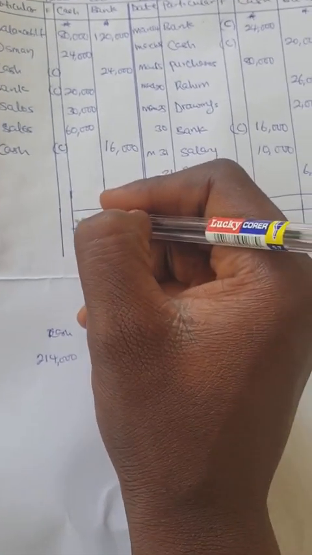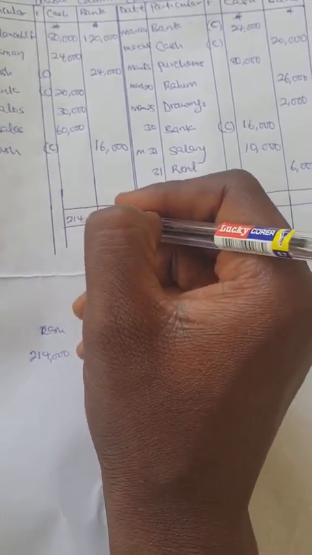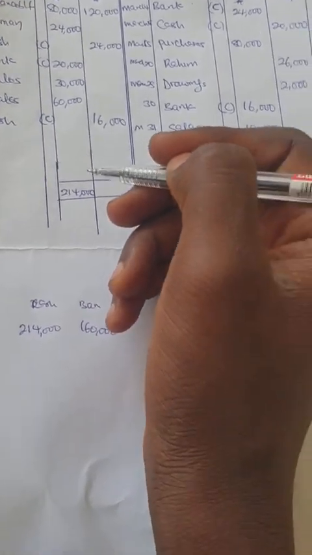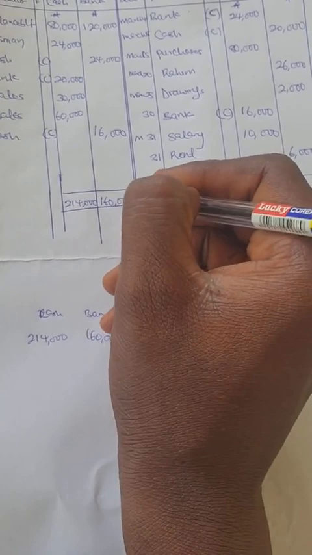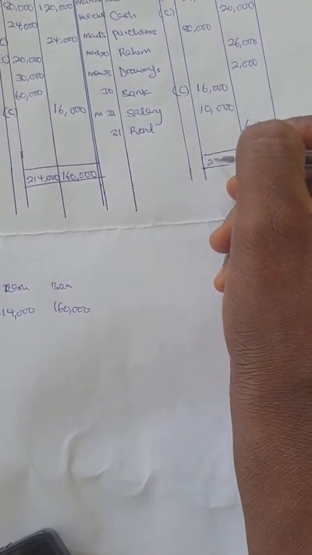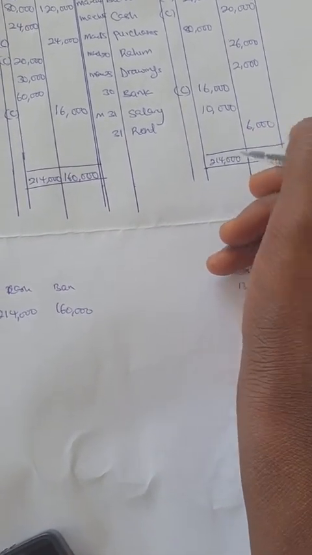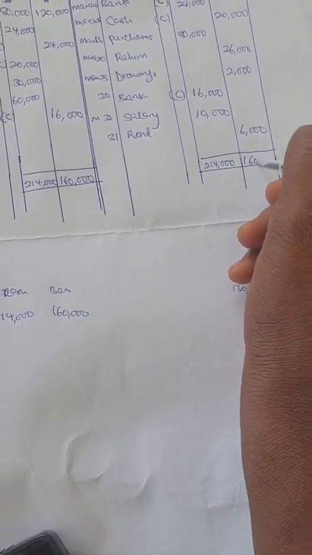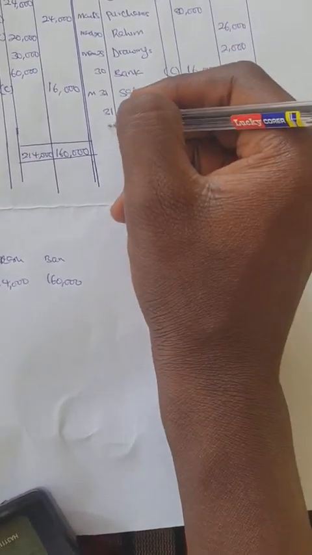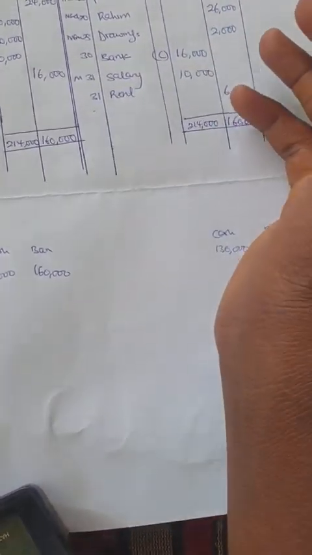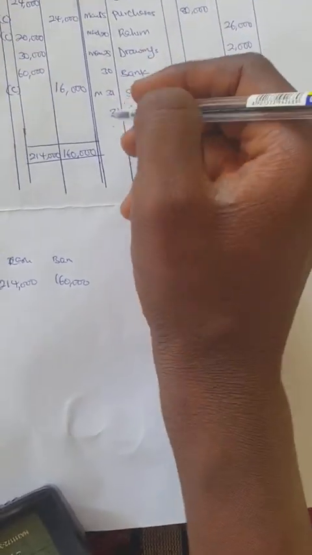Is 214,000. Got it. And the bank 160,000. So the same thing, you repeat it here, 214,000, 160,000. So we say that debit is greater than credit, but what is the difference? You put it here because it's debit that is greater than credit. So difference will be on the credit.